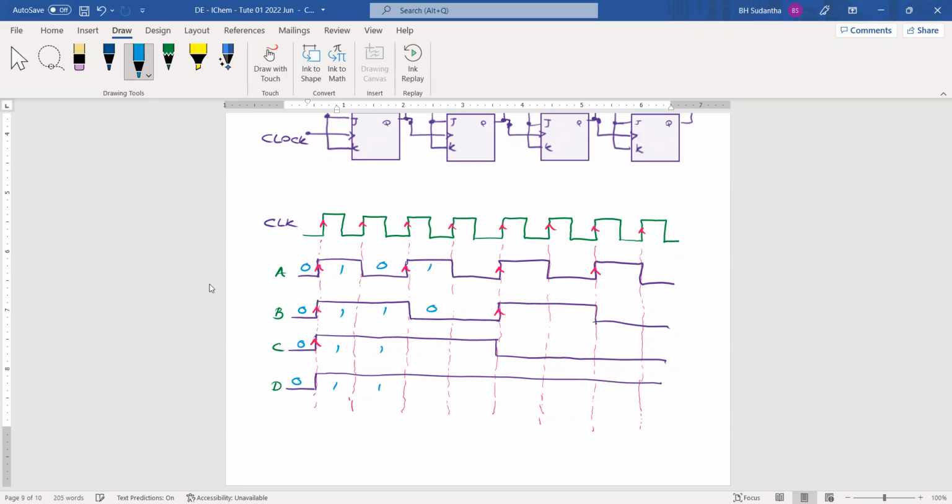Then this is 1, 0, 1, 1, 0, 0, 1, 1, 0, 0. Sorry. 1, 1, 0, 1. This is 0, 1, 0, 1. And here it is 0, 0, 0.